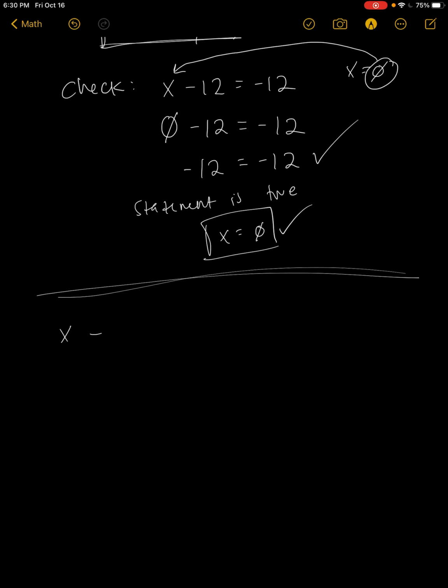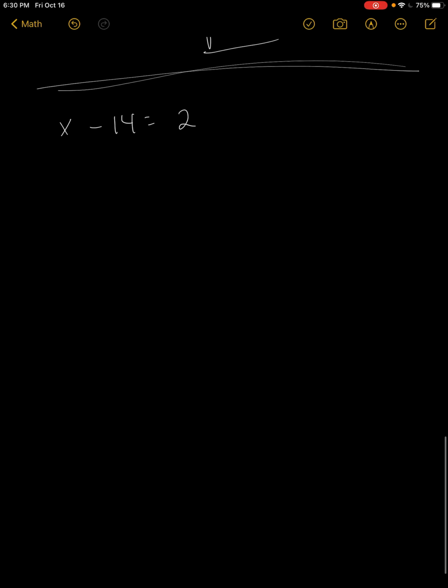Just do one more. So I want to get x by itself. I'm going to add 14, right? Negative 14, the opposite is adding 14, so that they cancel. If I'm going to do it to one side, I have to do it to the other to keep the equation equal, right? Then I carry down my x. 2 plus 14 is 16.